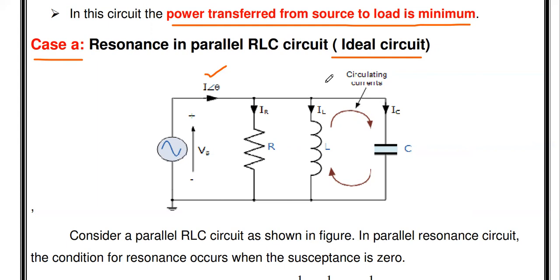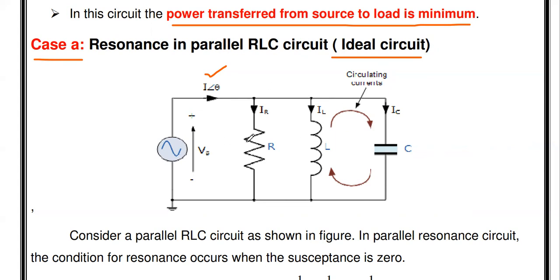But at the remaining frequencies, this current and voltage are not in phase. Only in resonance condition are the supply voltage and the supply current in phase, so this circuit acts as purely resistive in nature. In the remaining conditions, the impedance offered by the circuit is resistive as well as reactive in nature.